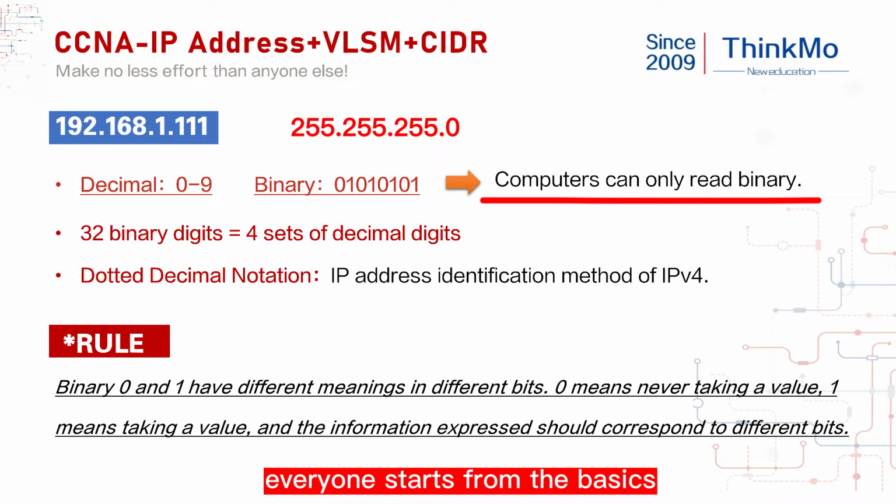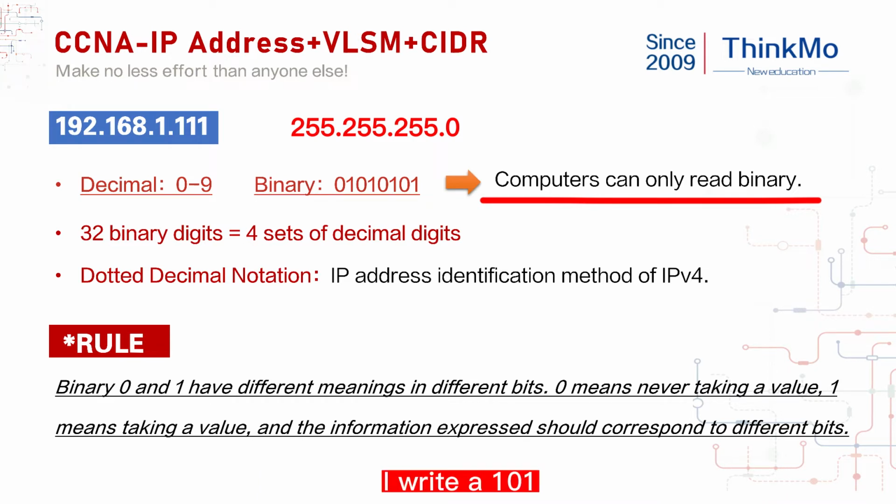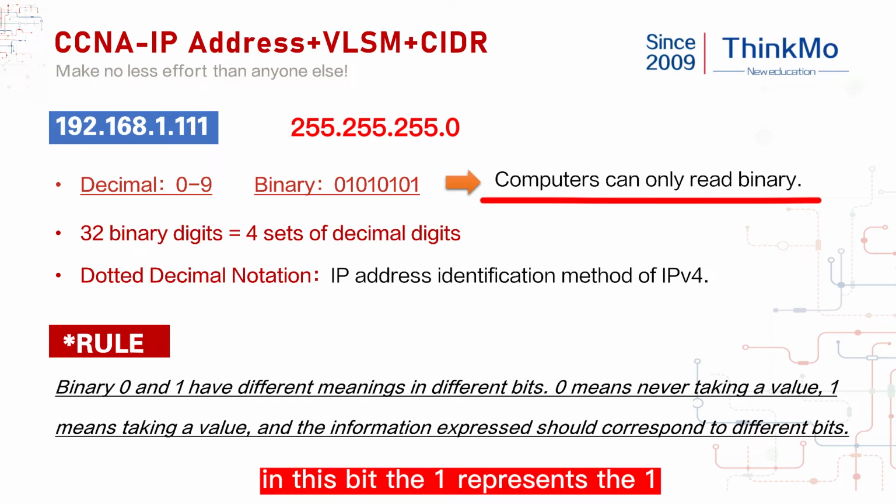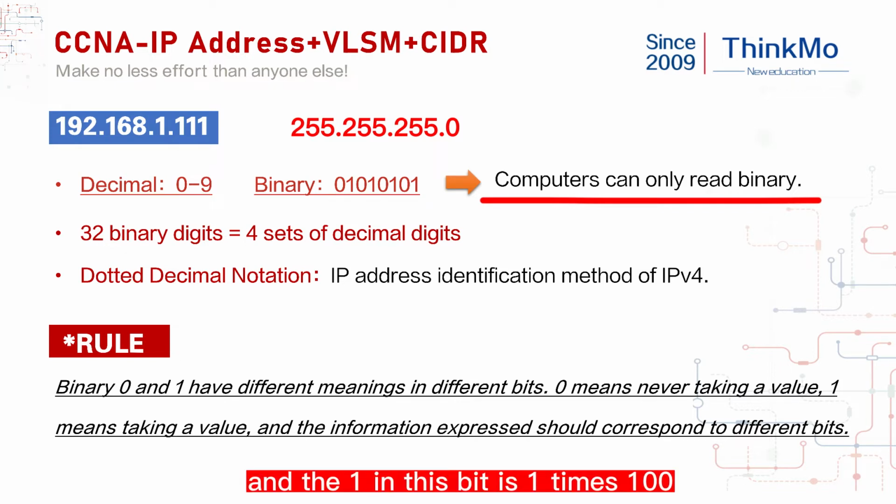Everyone starts from the basics. For example, I write 101. We calculate in decimal: this is called the ones place, this is called 10, this is called 100. In this bit, the 1 represents 1, this 0 represents 0 times 10, and the 1 in this bit is 1 times 100.